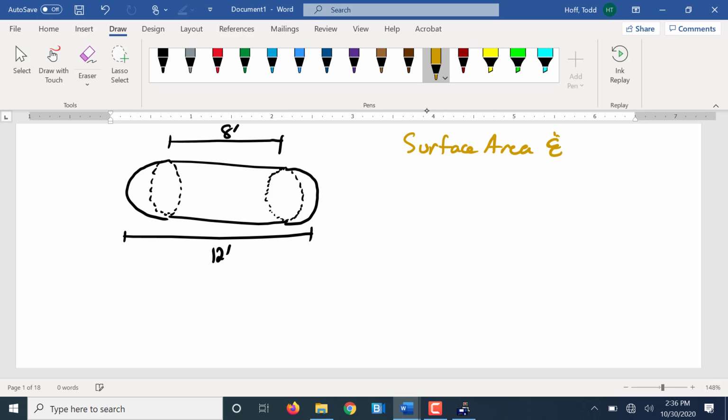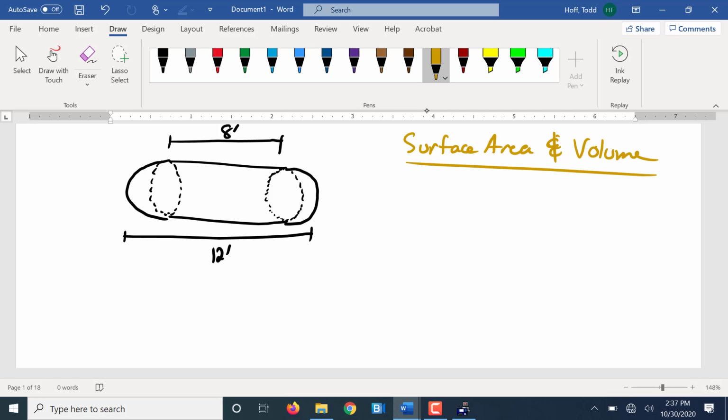Total length is about 8 or 9 feet, yeah. Total diameter is usually 3 feet on a LP tank too.